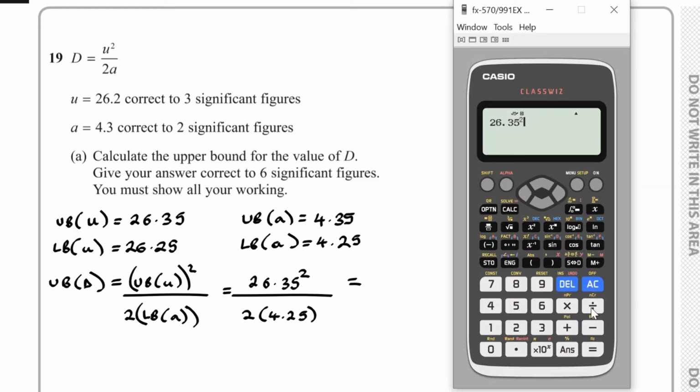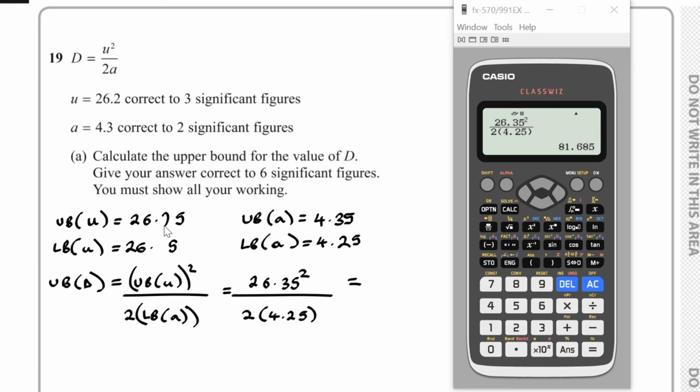26.35 squared divided by 2 lots of 4.25, I'll write it out as a fraction. Have I done this right? Sorry, over here I've got these wrong.